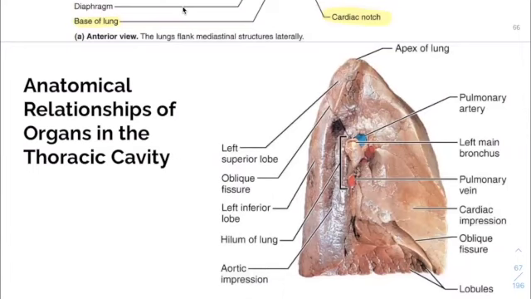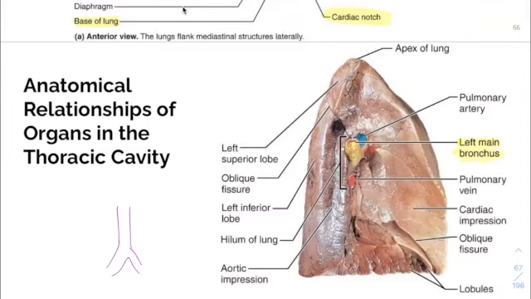So here is an actual lung. This is a left lung. We are looking at it as if we were looking at it from the inside, because you can see this left main bronchus. This is right after that split in the trachea, where they split into right and left bronchi.